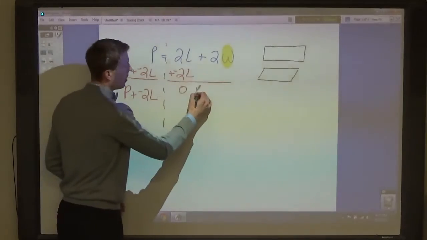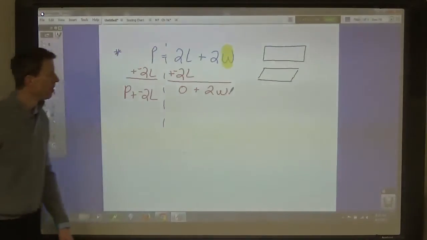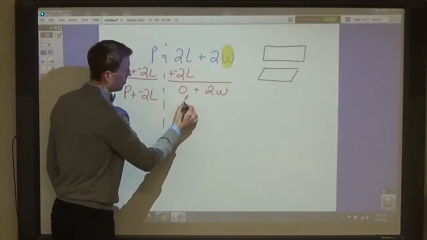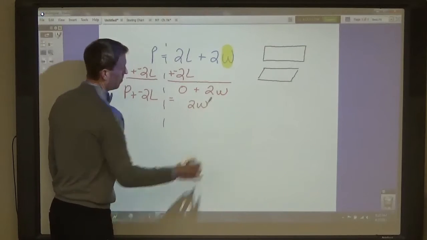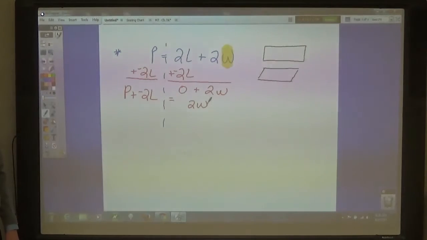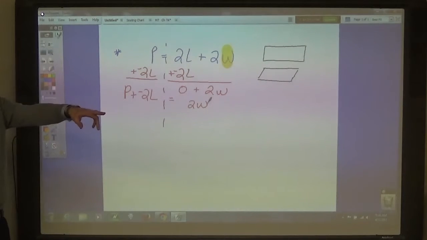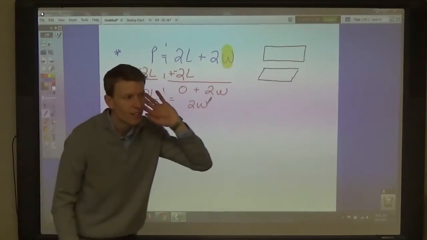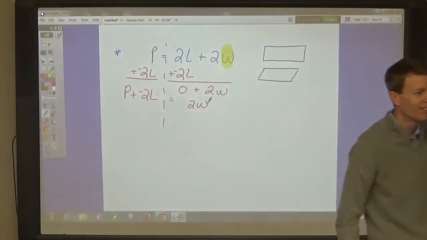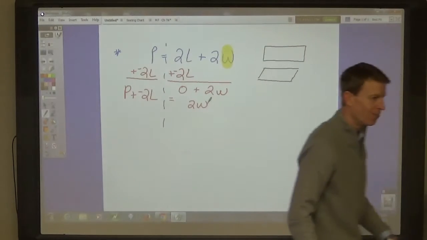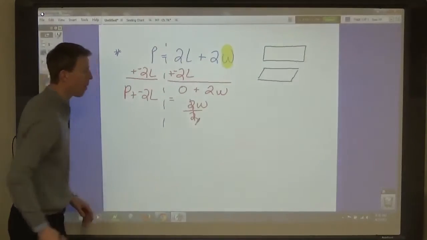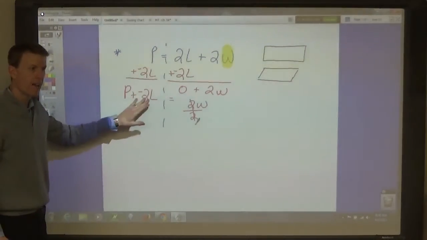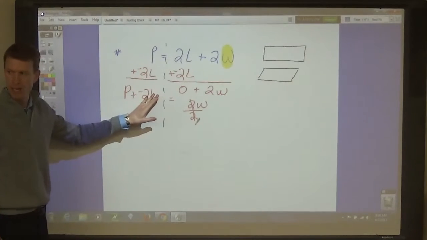Now, on this side we still have 2W. Now what? Divide by 2. So cross off these 2's. Now we have to remember to divide everything on this side by 2.